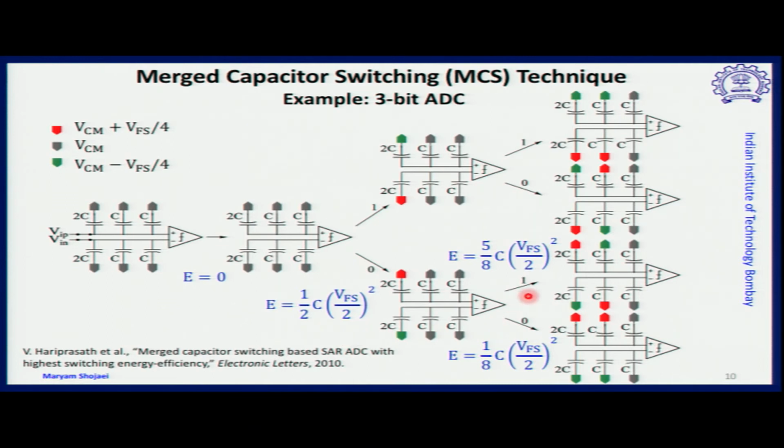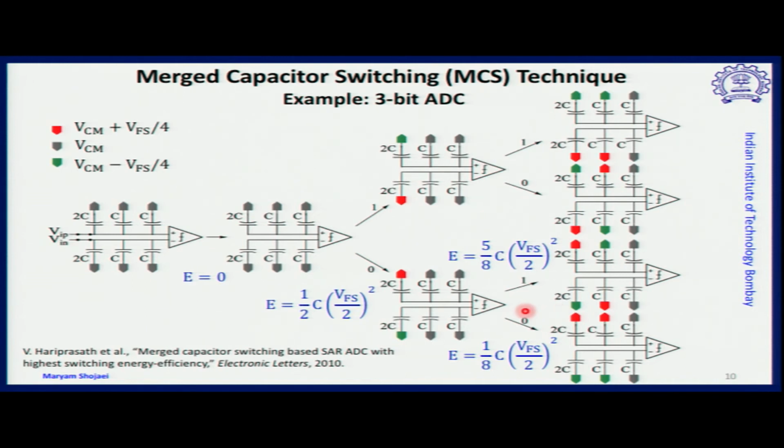Now, similarly, if we move on to the next level of comparison, depending on the output of the comparator, suppose output of the comparator is 1. So, we will have the next switching. This switching also will be in a completely symmetric case with opposite signs in the two sides. So, we have double switching but with a reduced swing.